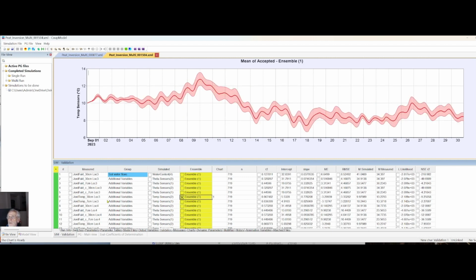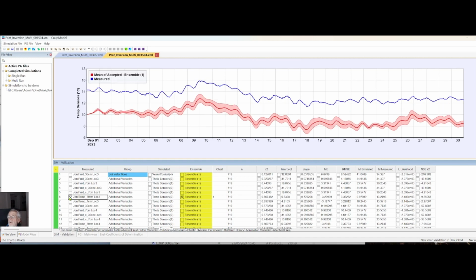I can look to this a little bit deeper, and it's the same. Okay, so we should try to find an explanation why the temperature is systematically much lower in the simulation than what we have in the measured.